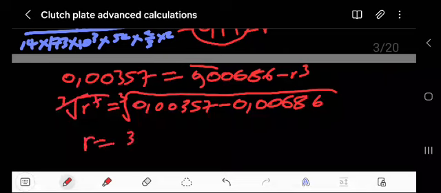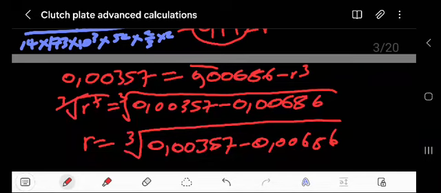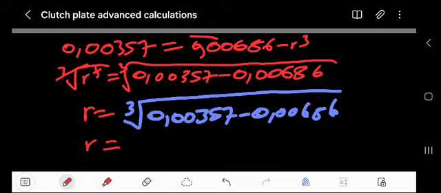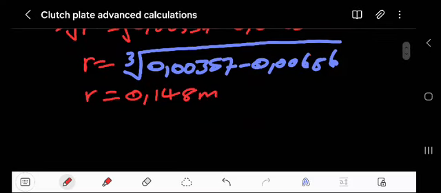Then here we have 0.00357 minus 0.00686. As we punch this, we're supposed to get our r. If you punch that accurately, r is 0.148 meter.